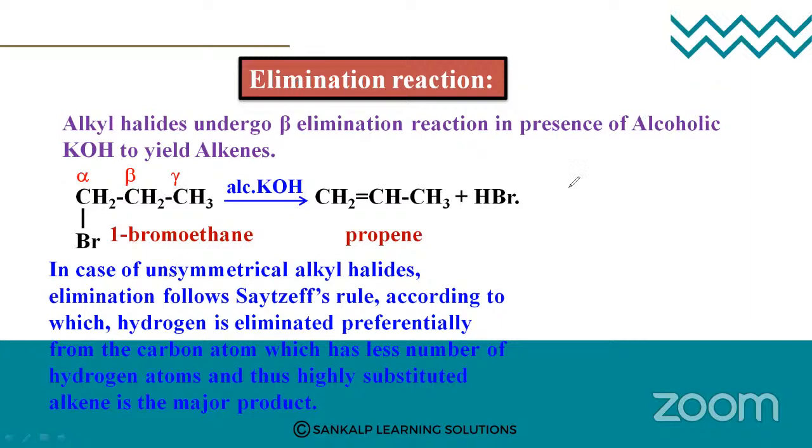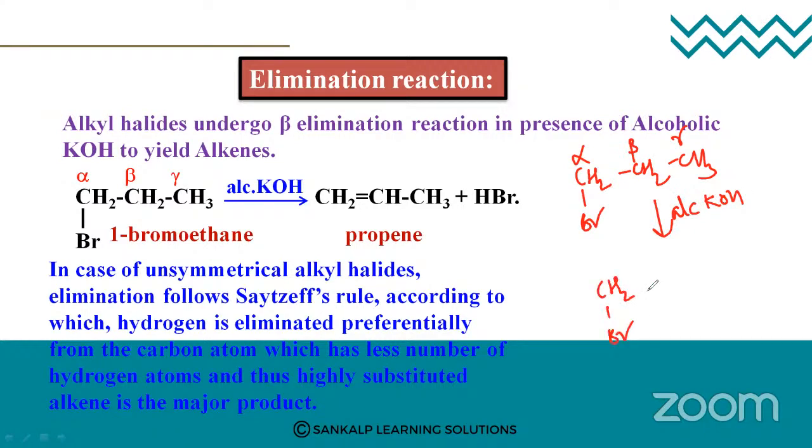Then from the beta carbon, see here: CH2Br, CH2, and CH3. This is alpha, this is beta, this is gamma. This is treated with alcoholic KOH. What will you obtain? This will be CH2Br, this will be CH2, this will be CH3.